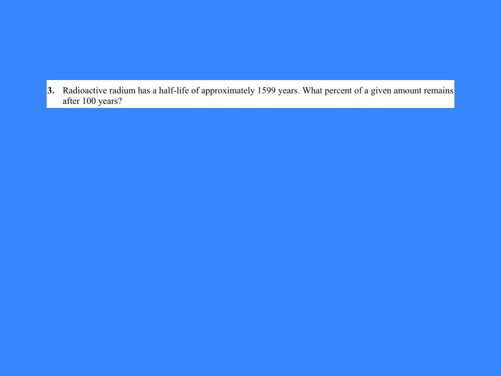So the equation says that the amount N of radioactive substance follows this equation. The change in the radioactive substance with respect to time is proportional to kN.